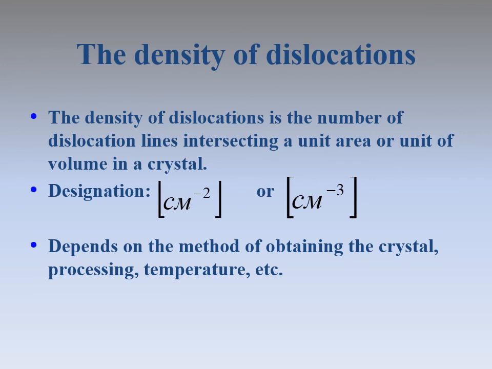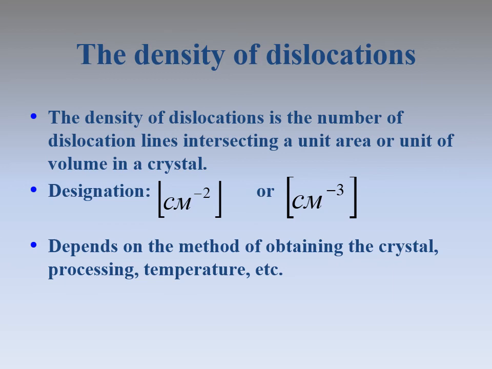In crystals grown by conventional methods of melt crystallization, the dislocation density is about 10,000 centimeters minus 2. By varying the growth conditions, this density can be reduced to 1,000 centimeters minus 2. As a result of plastic deformation, the dislocation density increases several times. The best semiconductor crystals obtained by growing have a dislocation density of maybe 100, maybe 1000 centimeters minus 2, and even more per square centimeter.